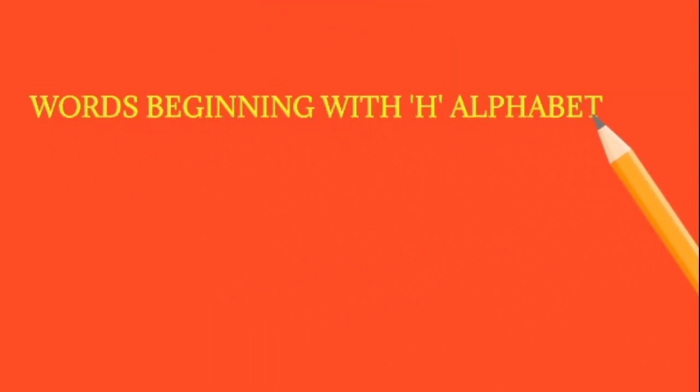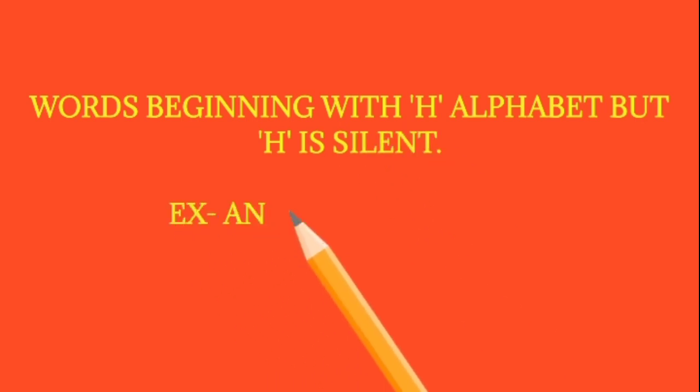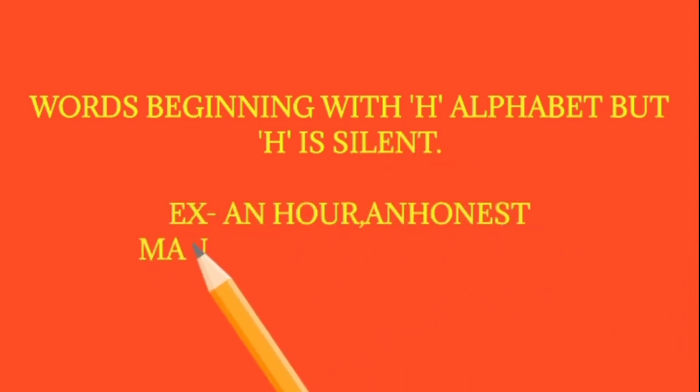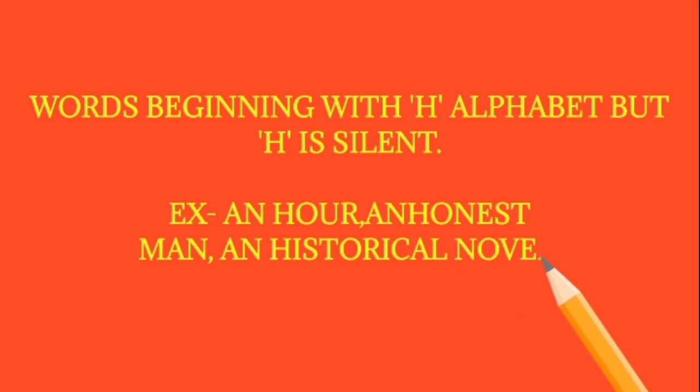Second use of an. Words beginning with the letter H, but H is silent. Let us understand this by taking a few examples. An hour. Here in this word, the first alphabet is H, but we are not pronouncing it as H. We are pronouncing this as an hour.